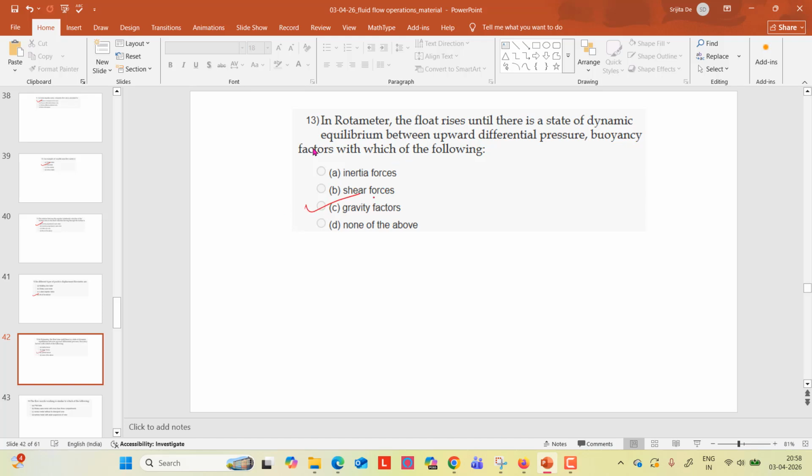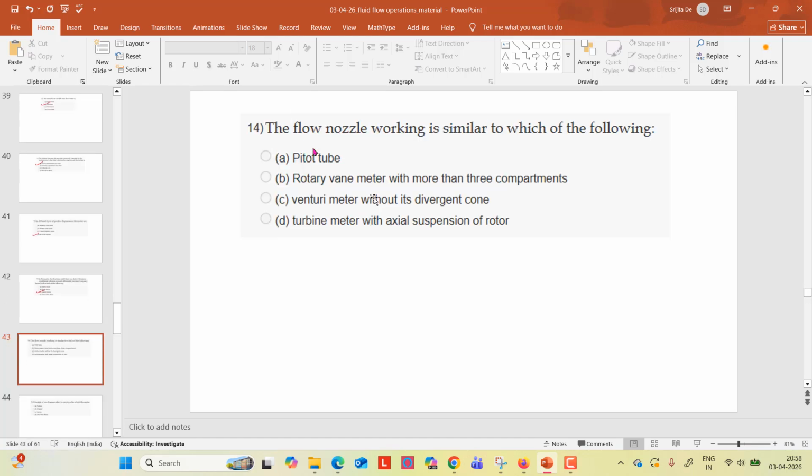Because we have seen in the force balance of the float, we have calculated the gravitational force, differential pressure, buoyancy force, and the drag force. From where we have calculated, right? So it is the gravity factors. The flow nozzle working is similar to which of the following? So flow nozzle working is very similar to the Venturi meter without divergent cone.